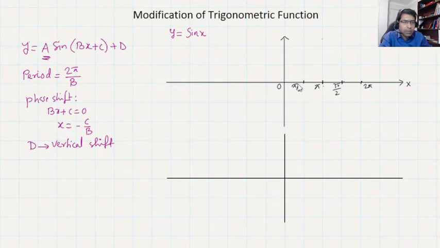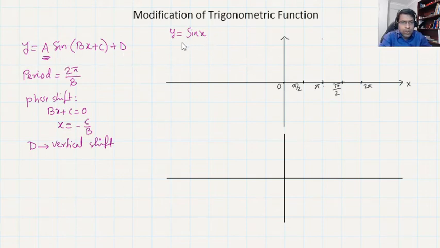This is our scaling, and the complete circle is completed from 0 to twice pi.